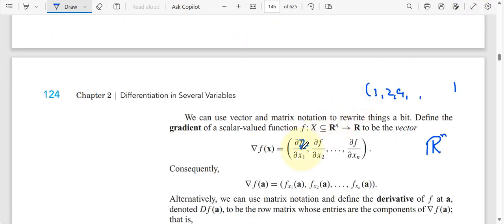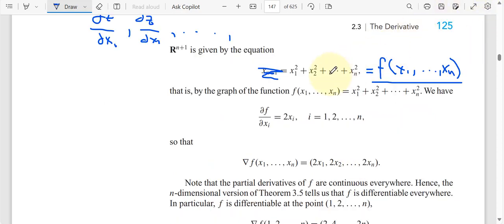Okay, so going back to this, we have the partial of f with respect to x1 and x2 and so on up to xn. This is just an organized way of writing all the partial derivatives for this function. We have the partial derivative with respect to x1 and the partial derivative of this whole thing with respect to x2 and so on.